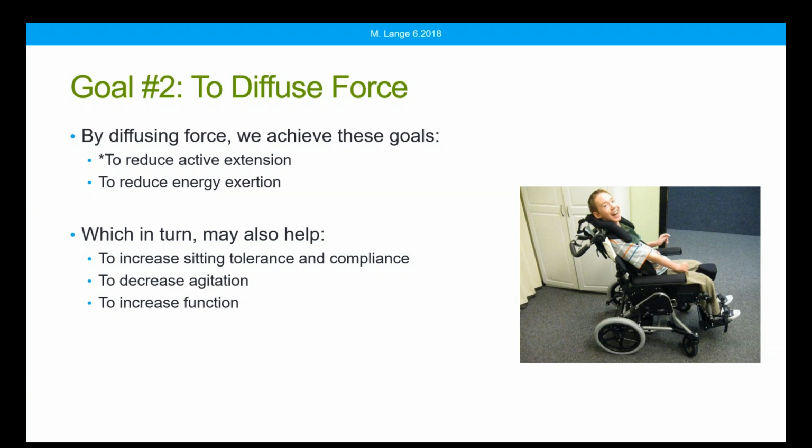They're fighting it perhaps all day long. By providing this force diffusion, it might be that now, instead of fighting the system, the client can move, forces are diffused, and now I'm exerting less energy. And by diffusing some of that extension, I can reduce overall extension throughout this client's body.